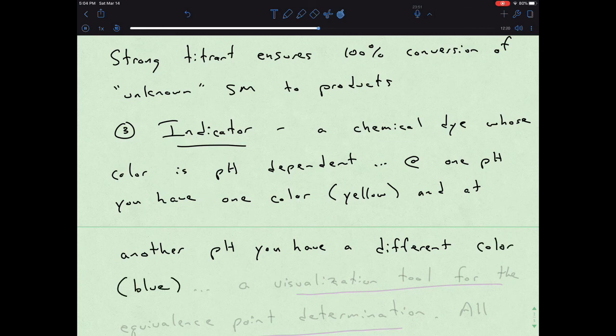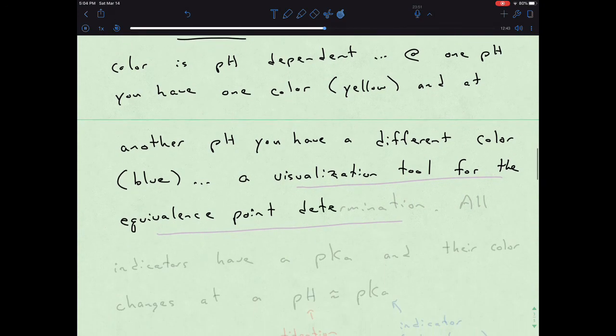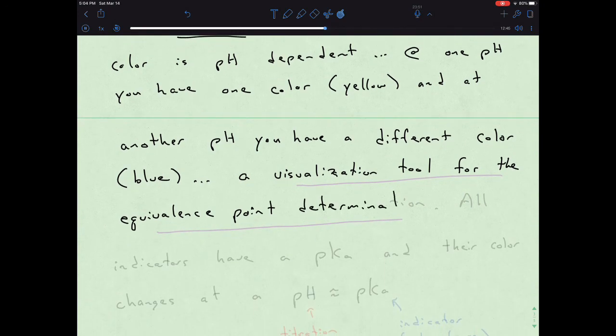And so this is just a way to visualize. It's a visualization tool for the equivalence point determination. So that's why we use it.